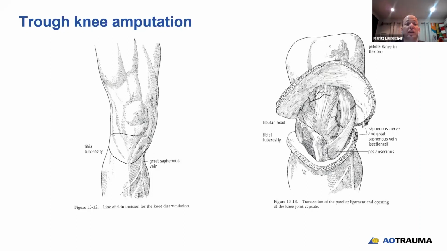Now, there are various techniques described for how to perform a through knee amputation. This is the technique I like, which uses an anterior-based skin flap, so different from the other amputations. The reason for that is you have specialized skin over your patella tendon.